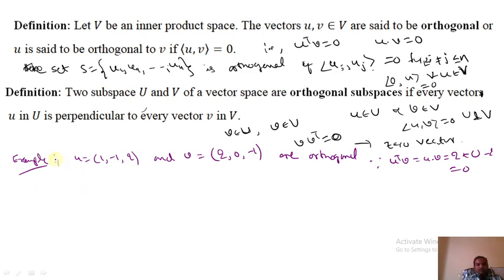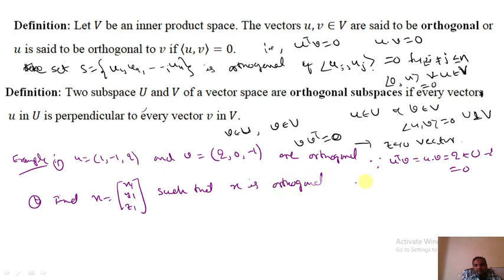Suppose we are asked to find x = (x1, y1, z1) such that x is orthogonal to u1 = (1, 1, 1) and u2 = (1, -1, 0).